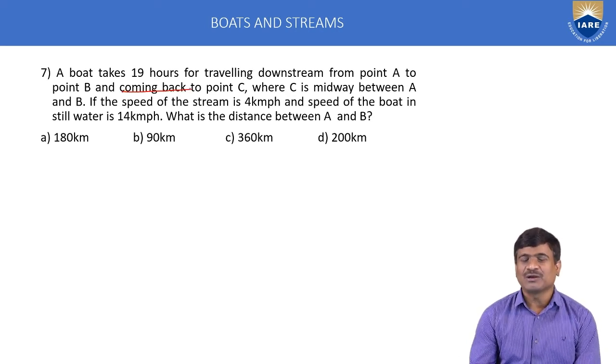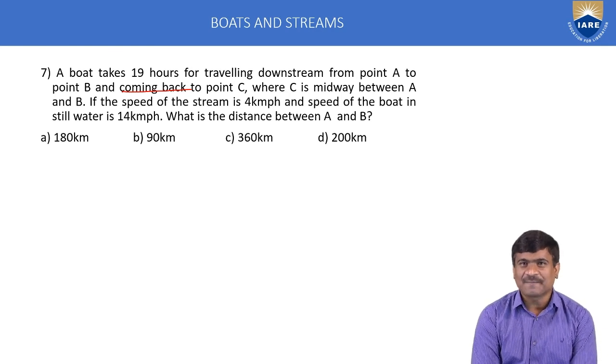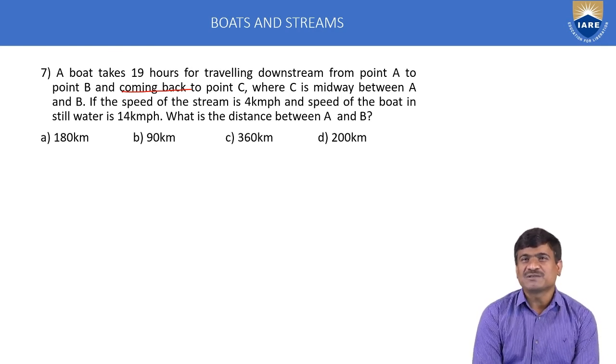This is a topic depending only on two terms, downstream and upstream. Where C is midway between A and B, exact middle. If the speed of the stream is 4 km per hour, and speed of a boat is 14 km per hour, what is the distance between A and B? Find distance only A and B.